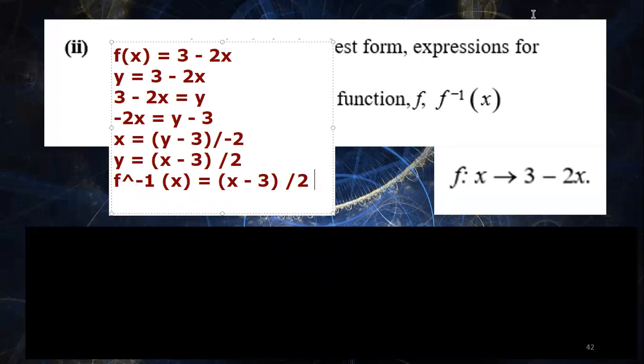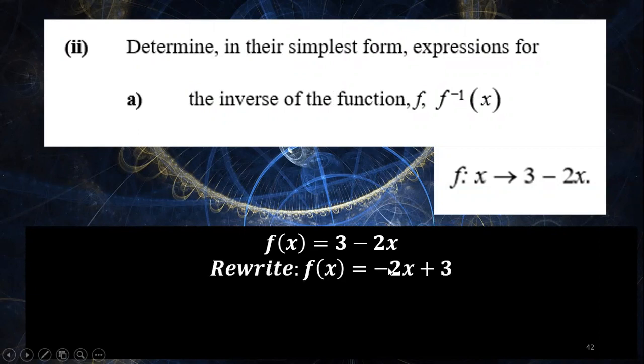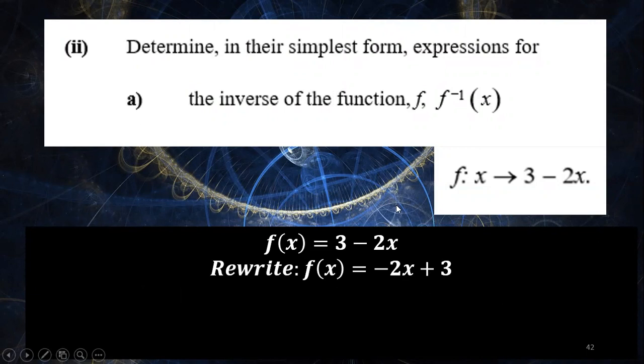Now, we can get the same answer if we do a slightly different way. So I hope you all can take that down or take a snapshot. What we can do as well, we can say f of x is equal to 3 minus 2x, and then we're going to rewrite it as f of x is equal to negative 2x plus 3. We put the negative 2x in front. Now, because the negative 2 is joined to the x by multiplication, and we are finding the inverse, what's the inverse or the reverse of multiplication?